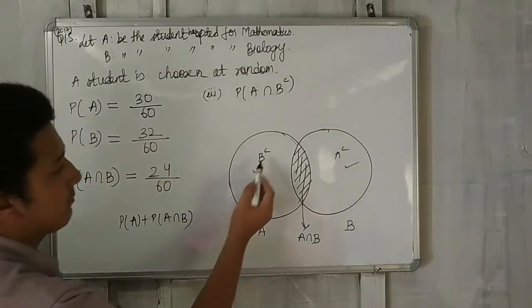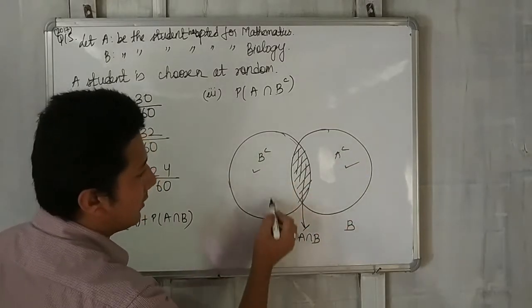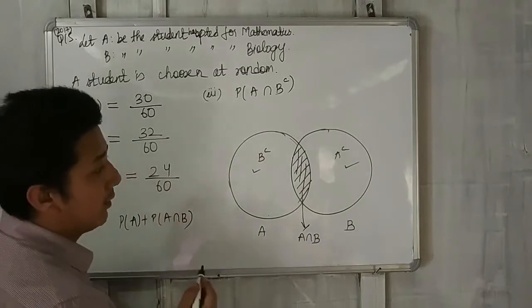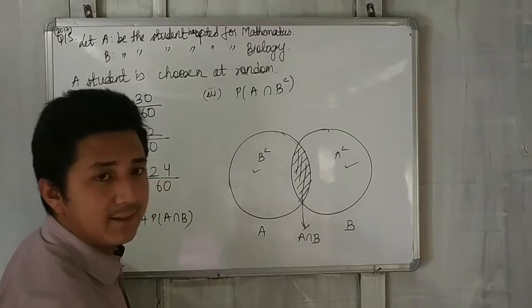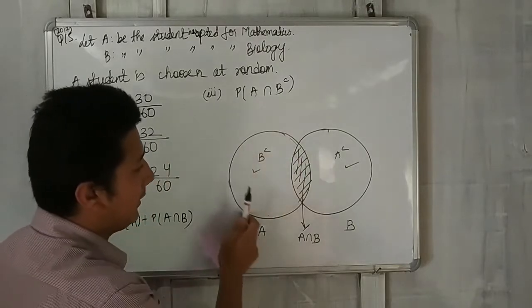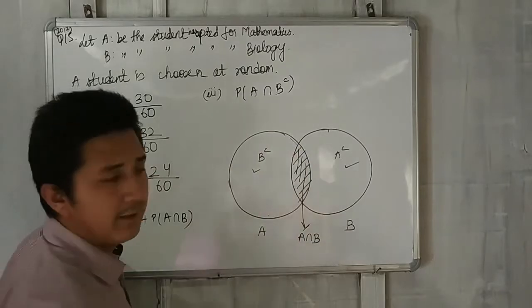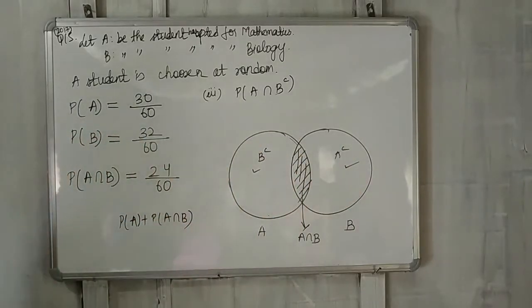Please don't be confused. This whole is my A, this is my B, this is my A intersection B. If this whole region is my A, then this region is my A complement, and this region is my B complement.